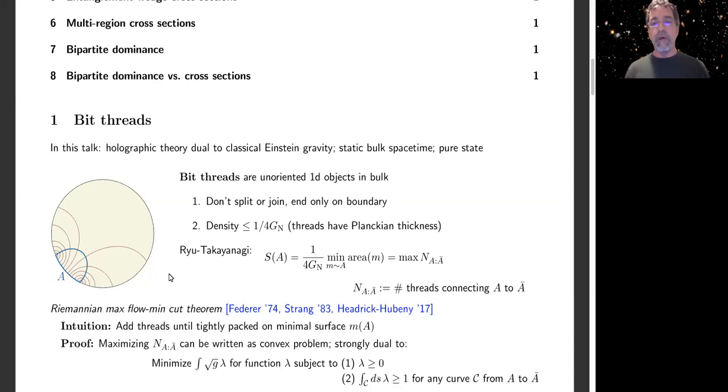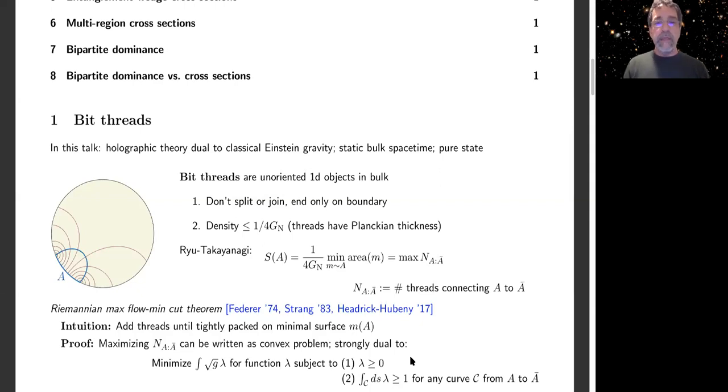So we've already had one Trump reference in this conference. Time for a second one. So you want to build a wall separating A and A complement, and the wall should be such that anyone who tries to go from A to A complement goes through a total amount of barrier, in other words, an integral of lambda, of at least 1.